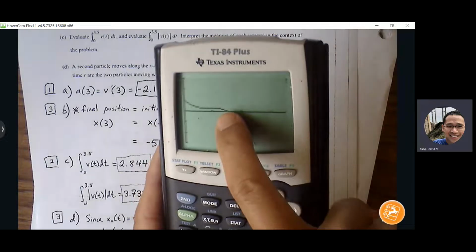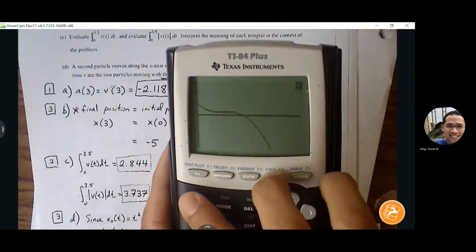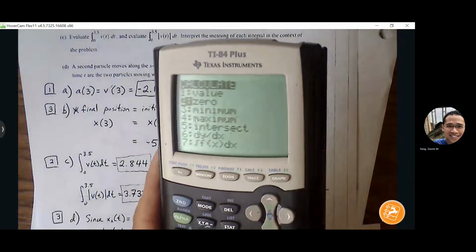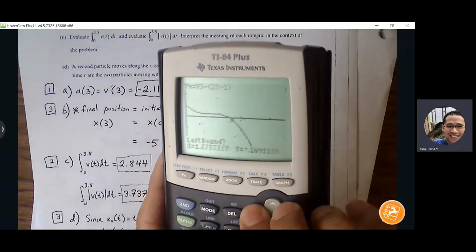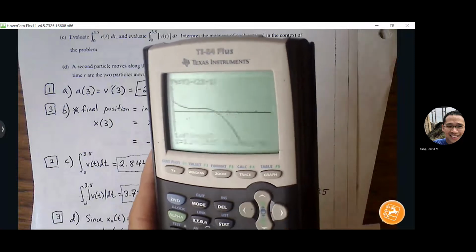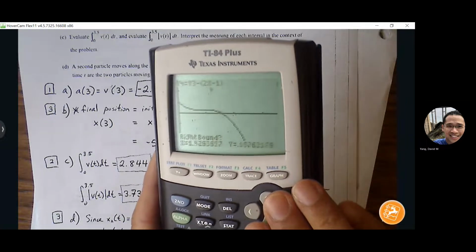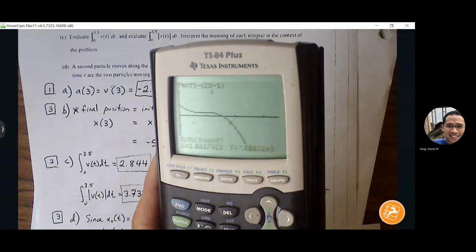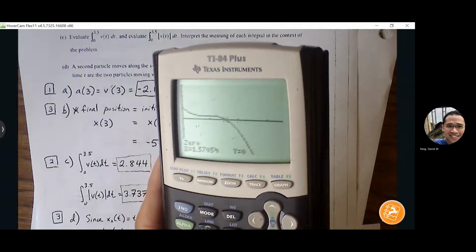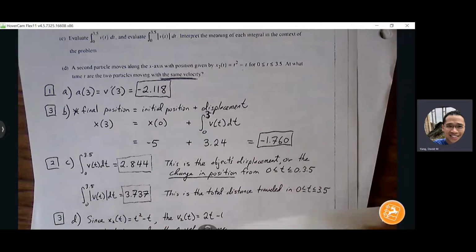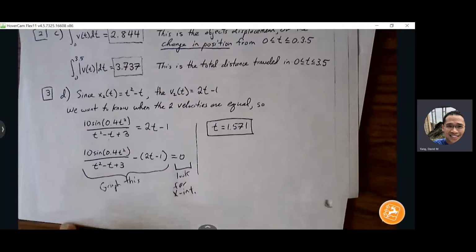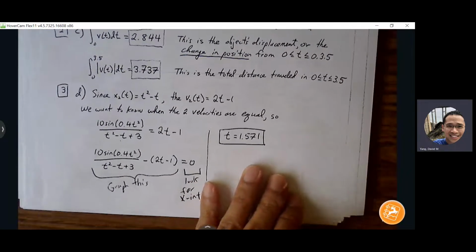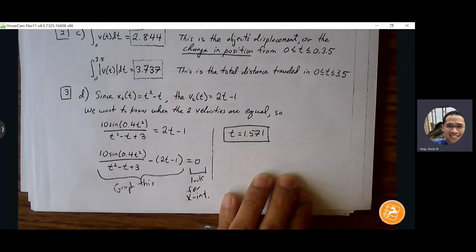We're able to find that x-intercept there. So at 1.57 seconds, the two velocities will be the same. The two particles will share the same velocity.